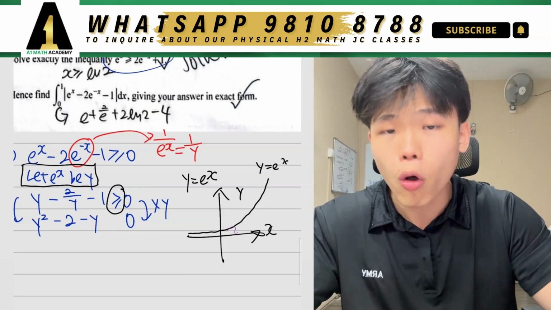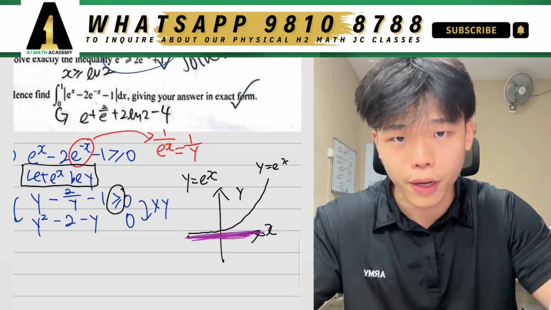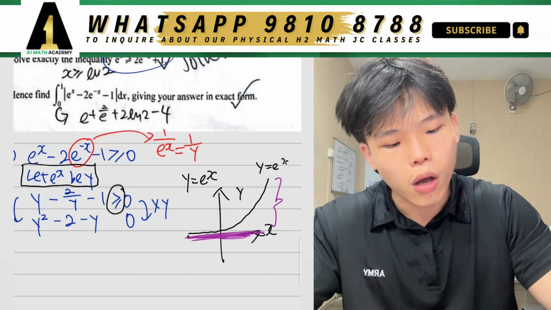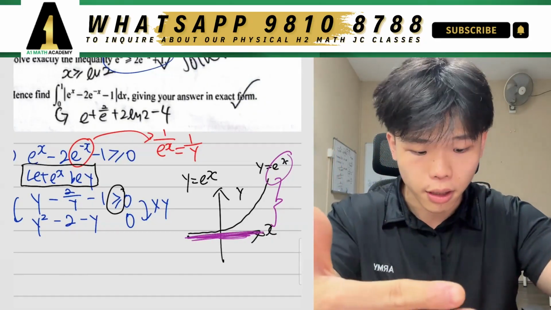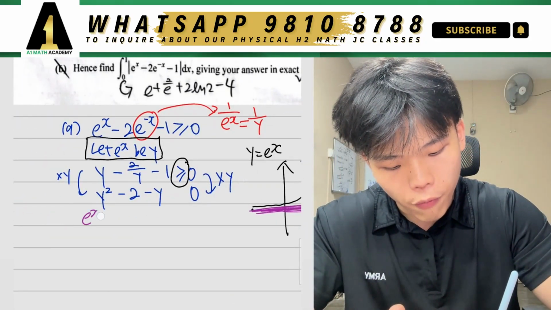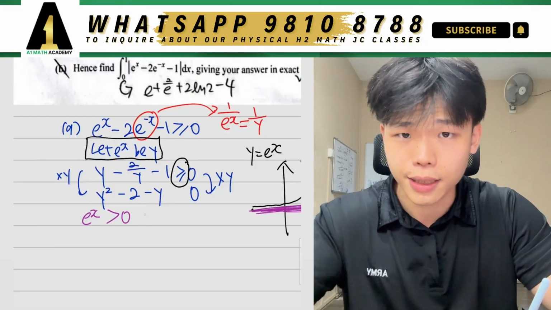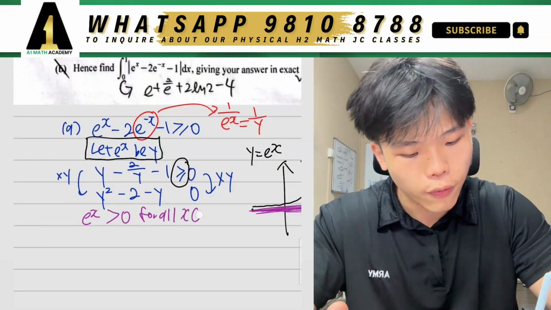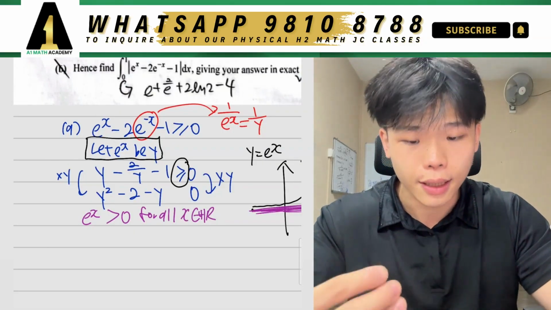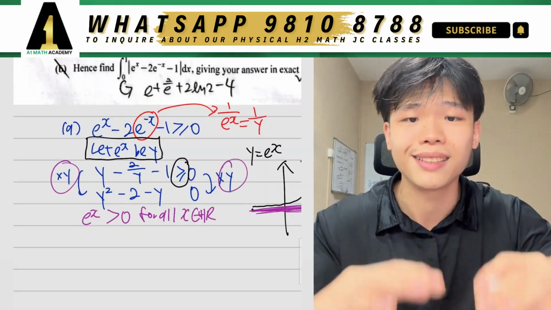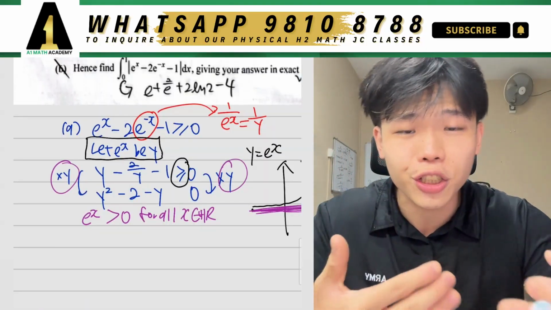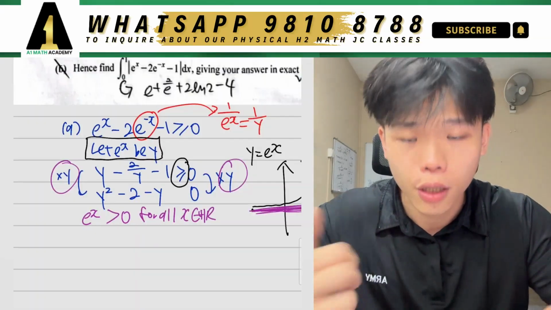You can see that for every single real value of x, the value of e to the power of x will always be positive. So we know that e^x is always bigger than 0 for all real values of x. And since it's always bigger than 0, when we multiply y on both sides, it doesn't flip the sign, because we are essentially multiplying a positive number to both sides.